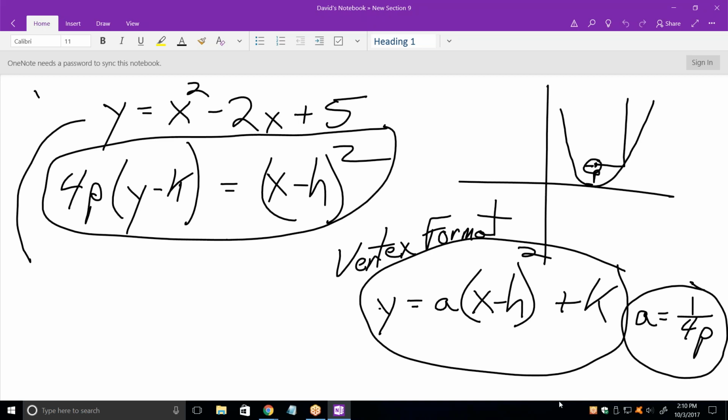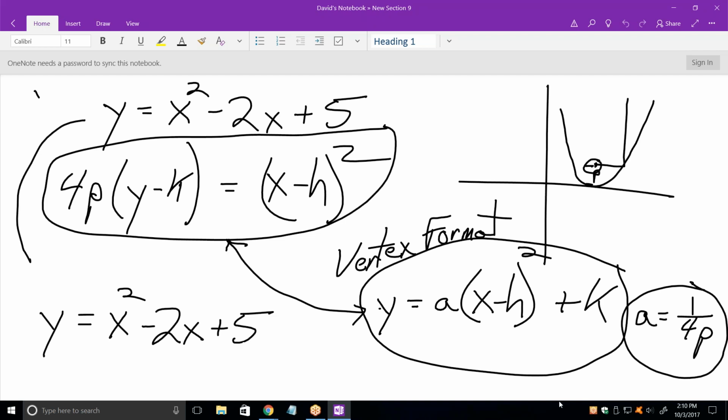In other words, those two are the same thing, as long as a is equal to 1 over 4p. So let's work in vertex format. Our job is to get this equation into vertex format. Once we get it in vertex format, then we're going to be able to figure out what p is.